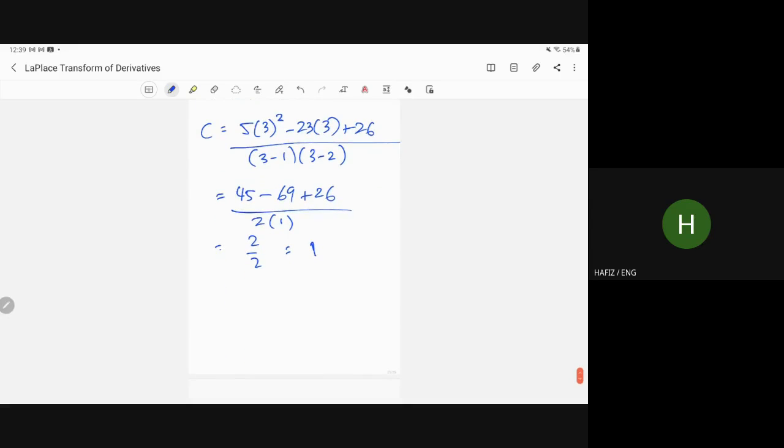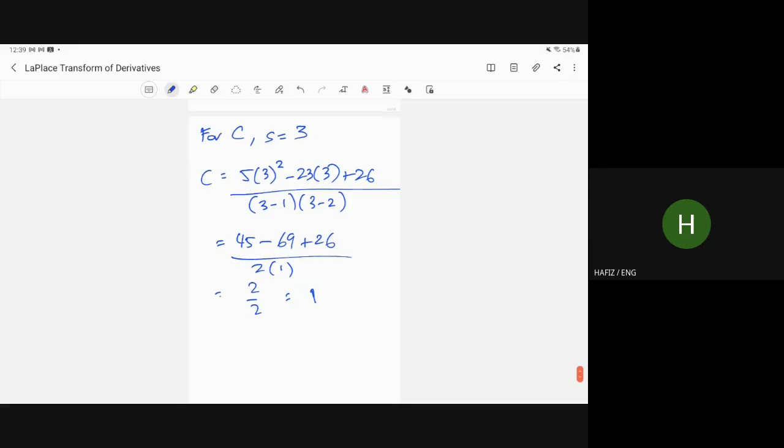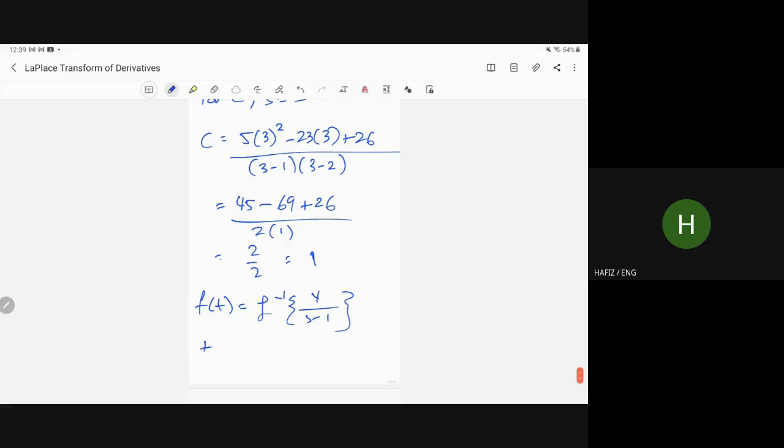Okay, so now you can put it back in terms of A, B, and C. A just now is 4. So you can say that your f(t) is the inverse Laplace transform of A, which is 4 over s minus 1. B is 0, so we don't take B anymore. We only have C, which is 1 over s minus 3.